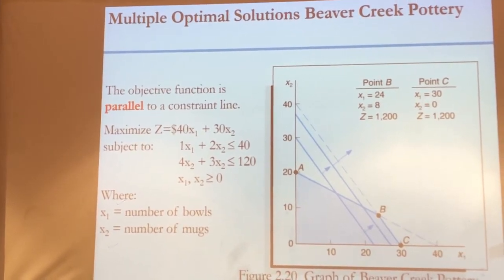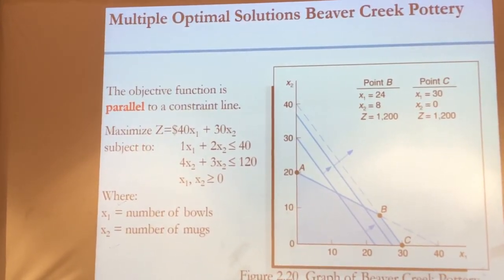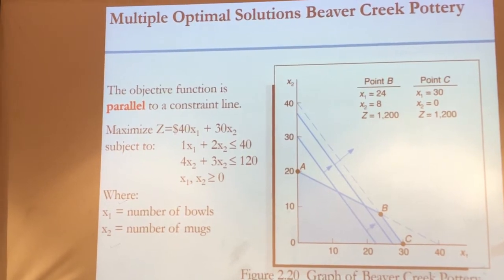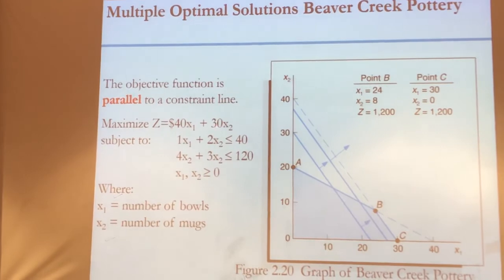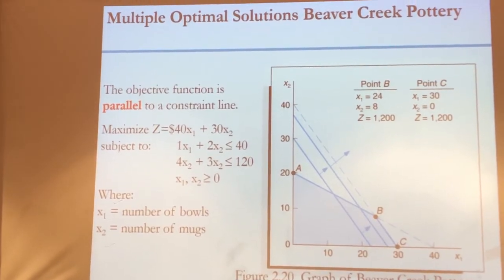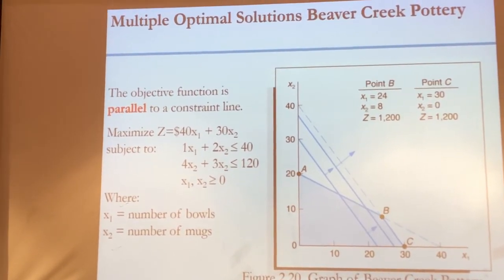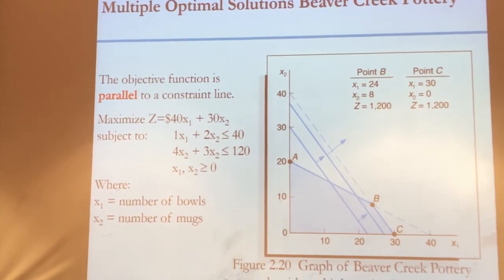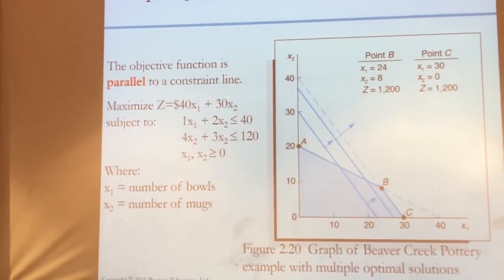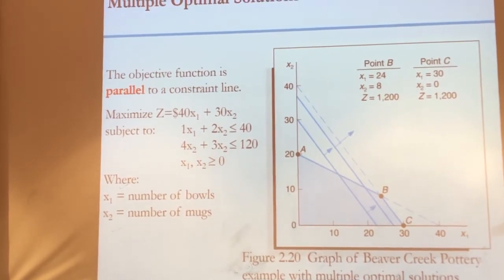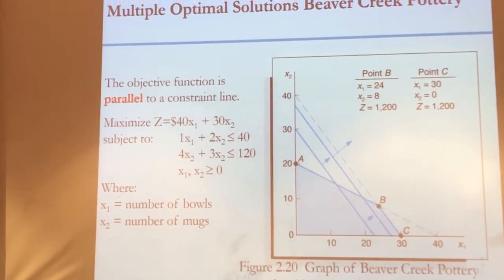Please note, they have the same slope. If you divide by 10 here, this will become 4 and this will become 3. And this is also 4 and 3. So the isoprofit line and this constraint have the same slope.